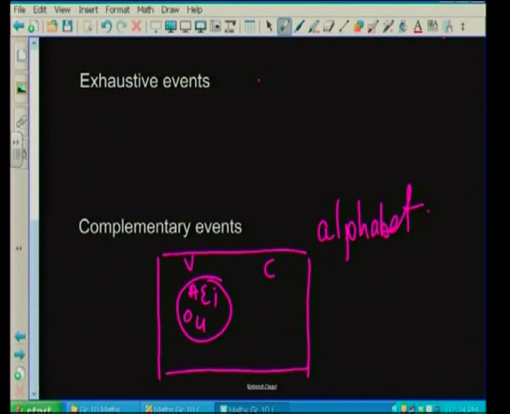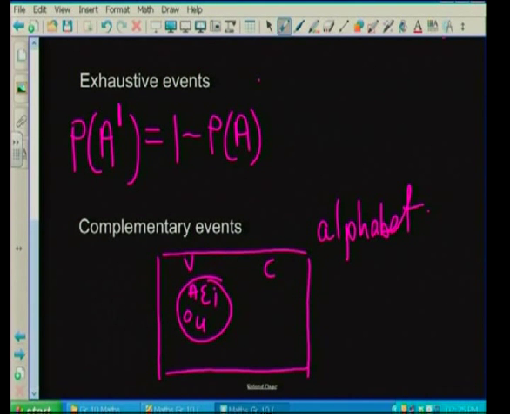So complementary events, for instance, let me just write that nicely. I'll say the probability of a complementary event, and that I denote with a little stripe like that, is 1 minus the probability of the other event.